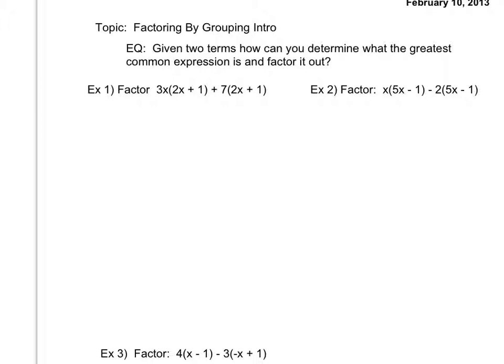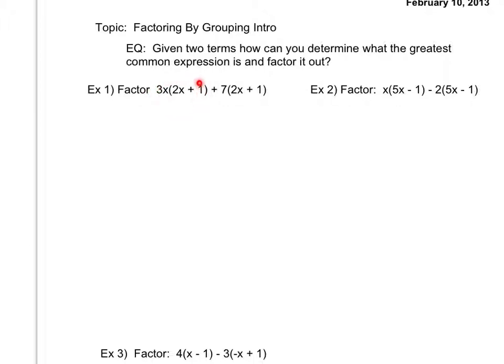So if I look at this first example here, notice that my terms are separated by a plus or minus sign. So I have 3 plus signs, which might initially make me think that must mean 4 terms. But because there's multiplication here between the 3x and the 2x plus 1, multiplication trumps addition. So this is considered one term.